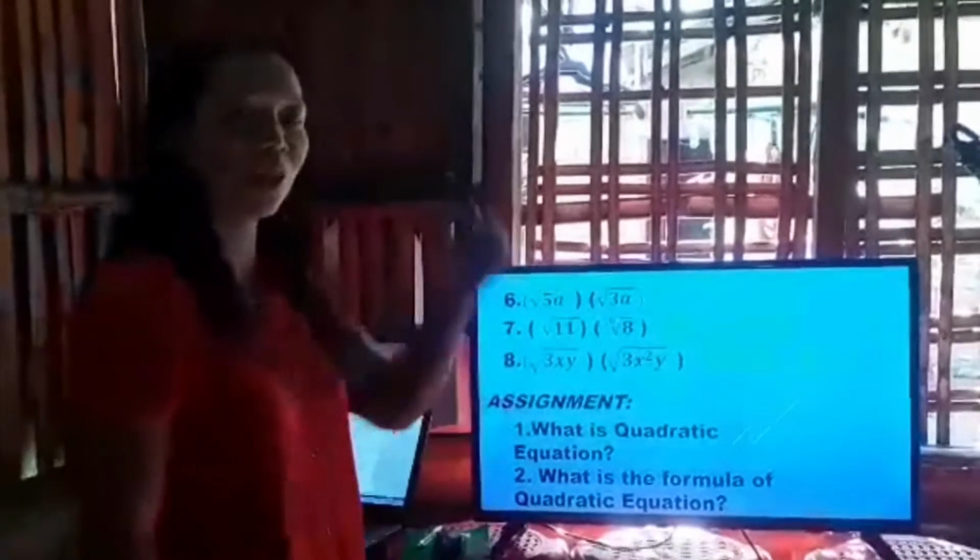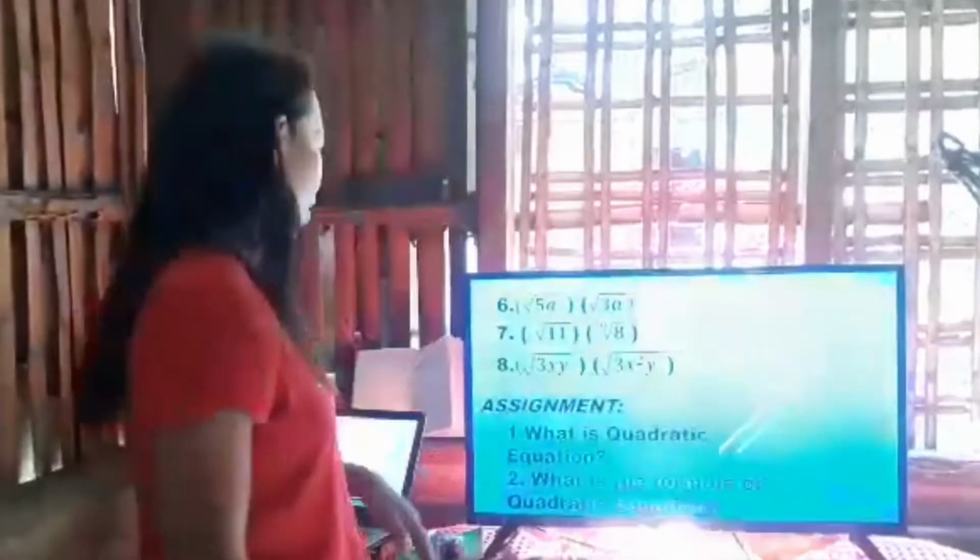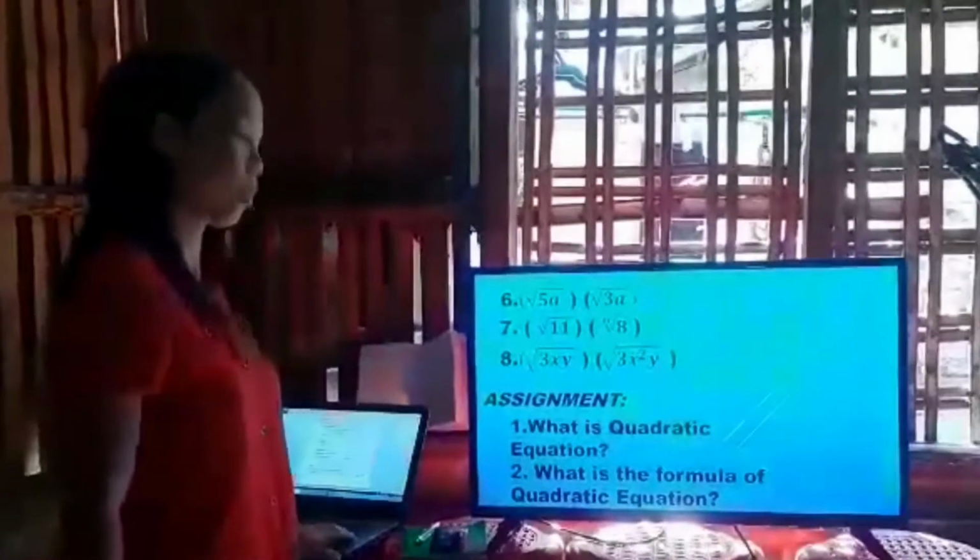Please raise your hands who will answer how to solve the addition and subtraction of radicals. To add or subtract radicals, indices and radicand must be the same. Very good. Do you have any question? No.